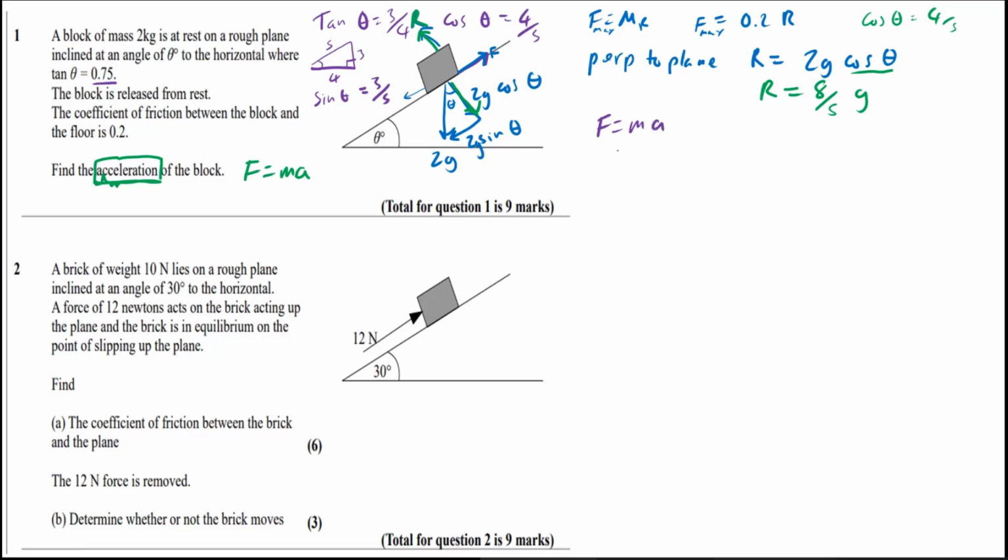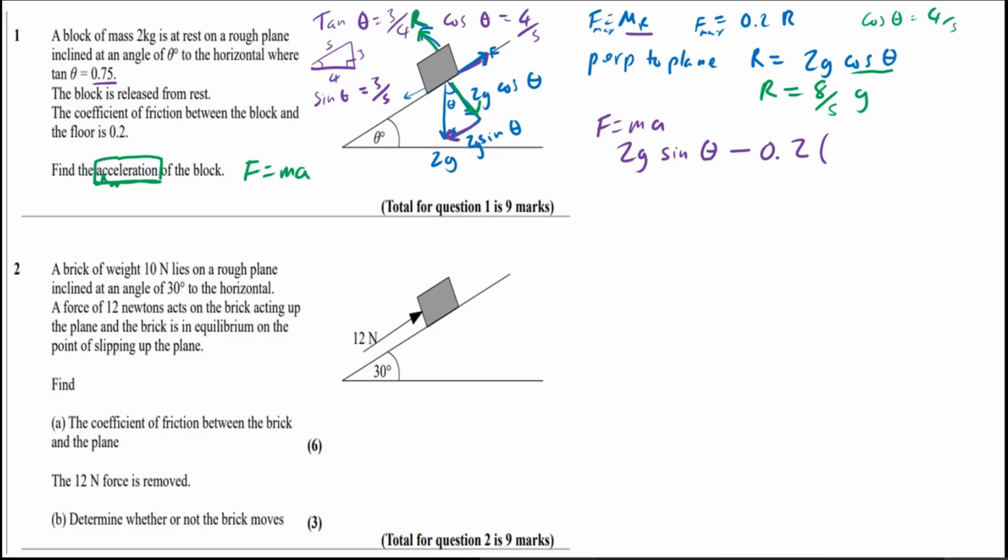We've got 2g sine theta minus 0.2, that's the coefficient of friction, right?